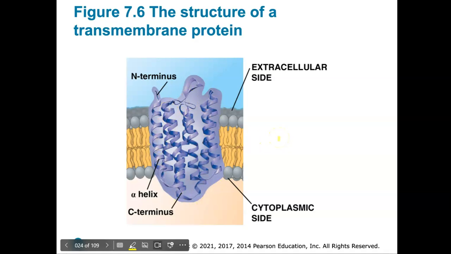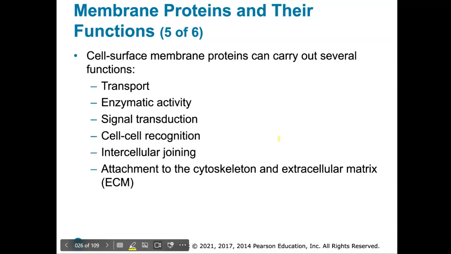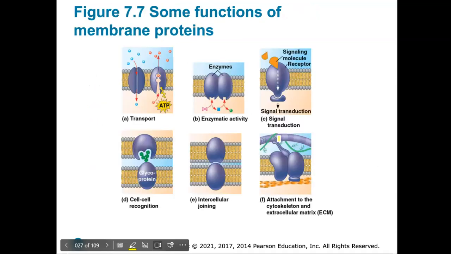Okay, so we have about 6 different types of transmembrane proteins, and they have different functions, and we're going to talk about each one. So some membrane proteins function in transport, and they can either be called channel proteins, like this one on the left. It just has a pore or a channel, and molecules can move across the membrane through that channel.